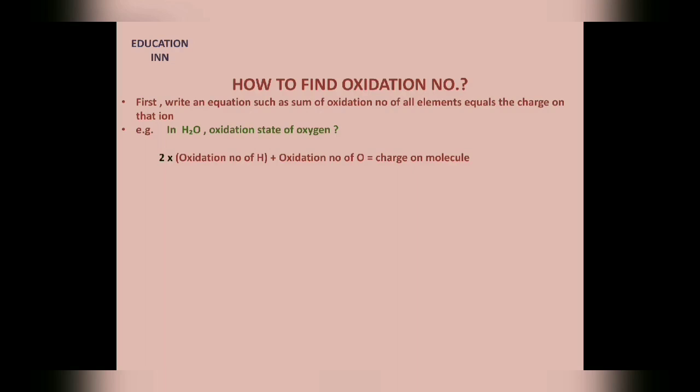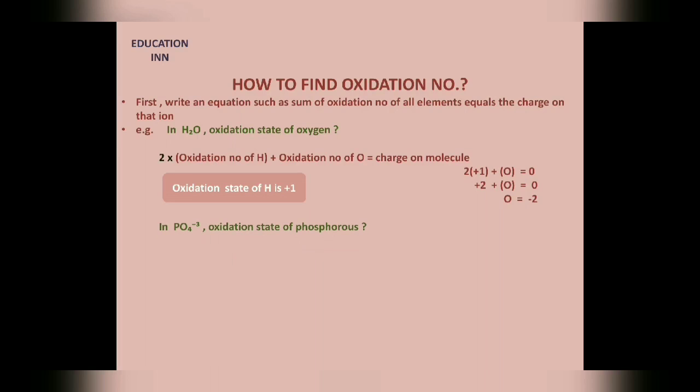Here the charge on the water molecule is 0, and we multiply the oxidation number of hydrogen by 2 because there are 2 hydrogen atoms in one water molecule. The oxidation state of hydrogen is +1. So putting these values, we get that oxygen has -2 charge in the water molecule.